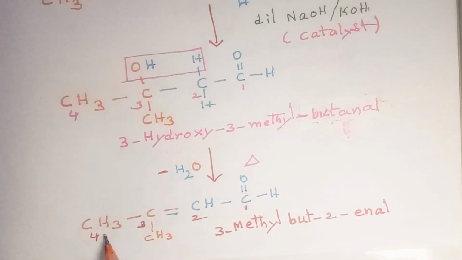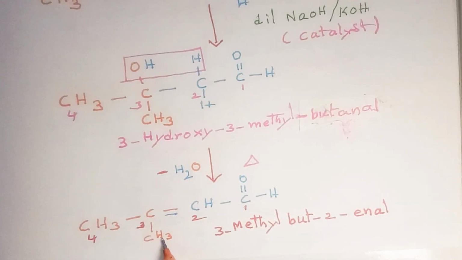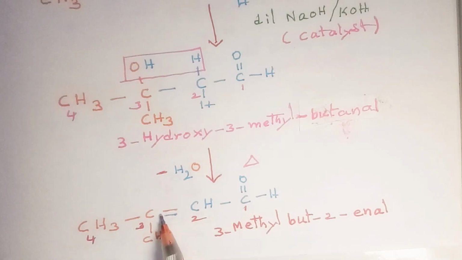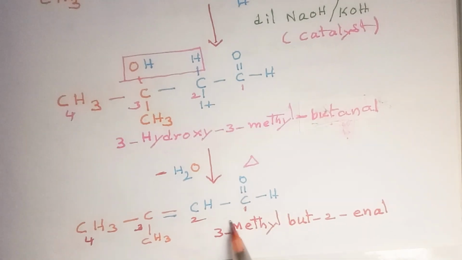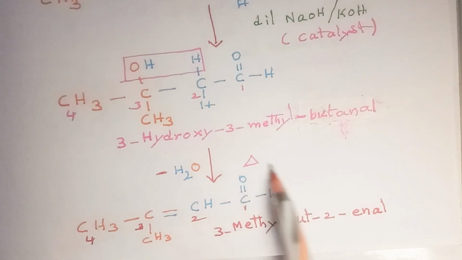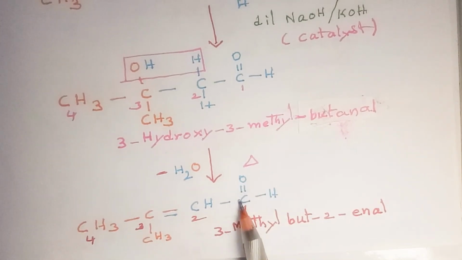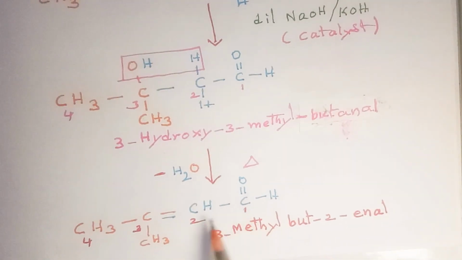So we get CH3, CH3 downwards, and double bond CH, C double bond O H. This is the aldehyde group CHO. There are 4 carbon atoms, so it is butane.